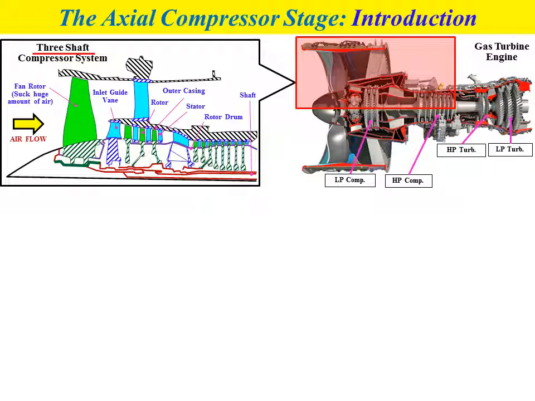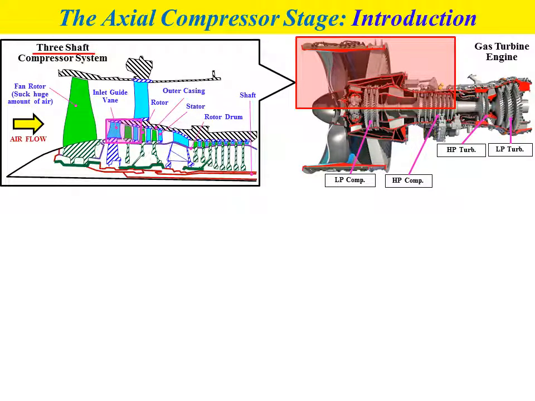We have the shaft that is used to assemble the fan rotor. The second shaft is used to assemble the rotor for the low pressure compressor, and the third shaft is used to assemble the rotor for the high pressure compressor. That's why we call this type of compressor a three shaft compressor system.